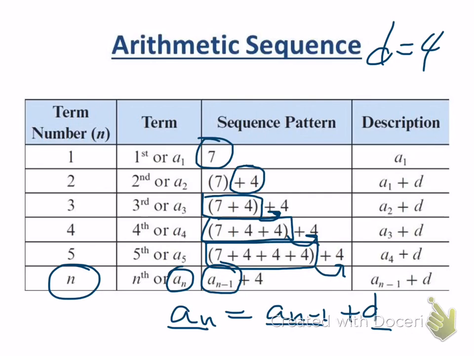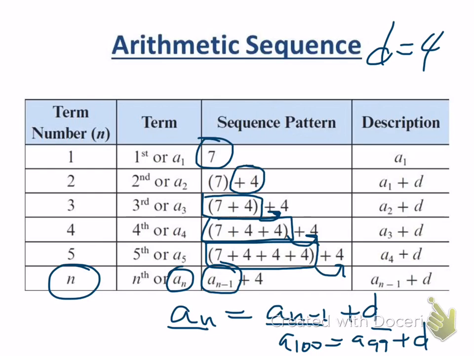Duh, right? Now, why is this not useful for, say, finding the 100th term? The 100th term would be equal to what? The 99th term plus the common difference. Because if we're going to find the 100th term, you have to go all the way up to the 99th term to get there, right?